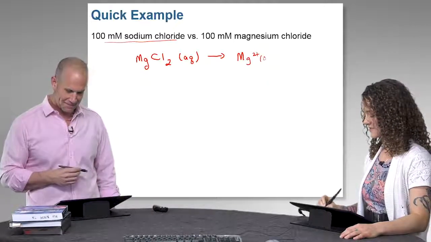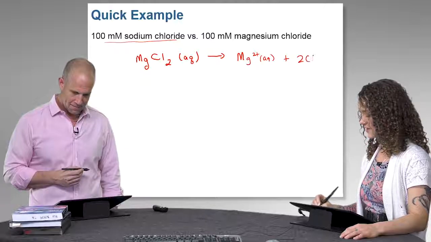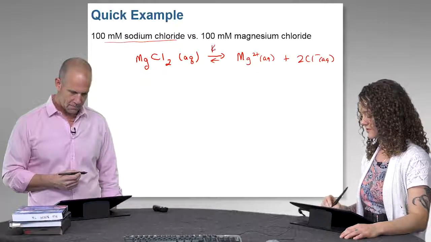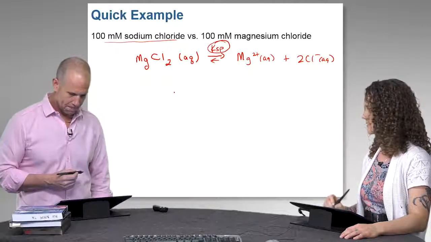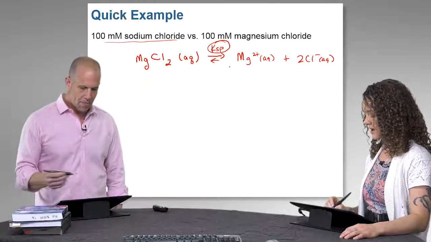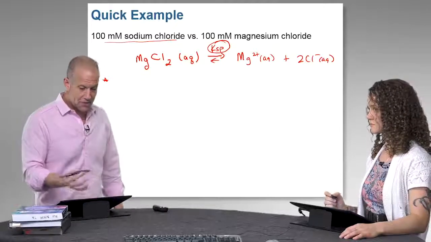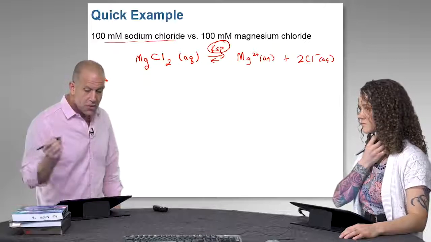Right. So in that case, if we have these 2 ions, then remember that this is some equilibrium that has a solubility product, right? So we would have that. But I think what we would write, knowing some freshman chemistry and 100 millimolar, but you could write it explicitly.